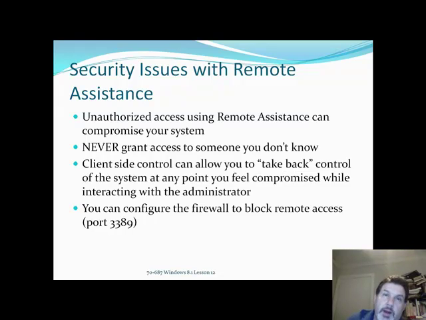If someone does gain unauthorized access using remote assistance, they can severely hose your system. They are connecting most of the time with some sort of administrative privileges on the box, so you can end up with a huge mess.